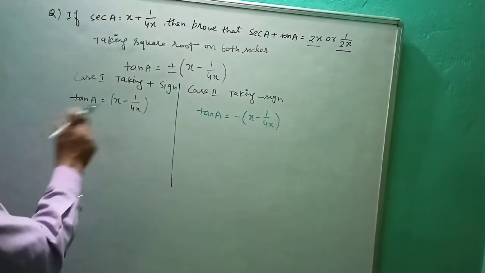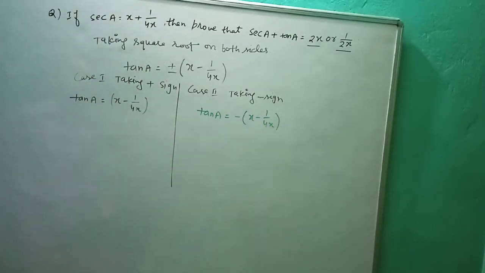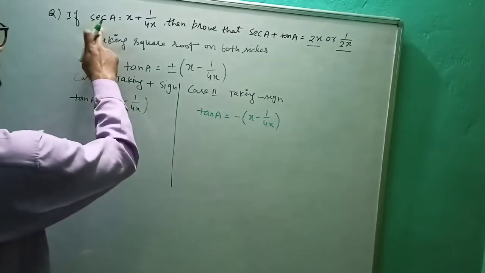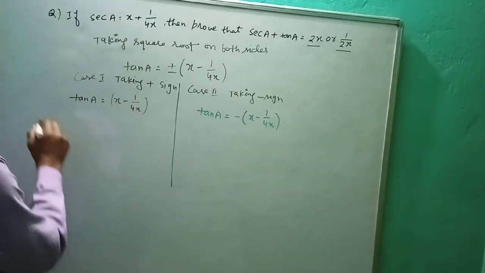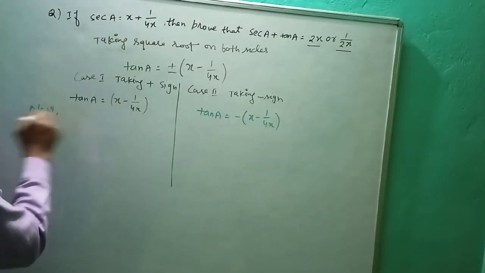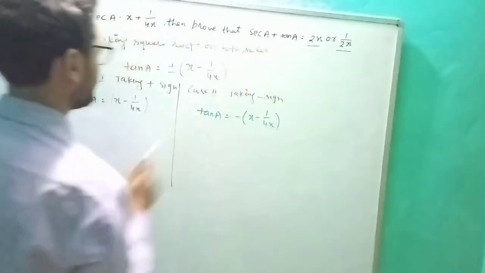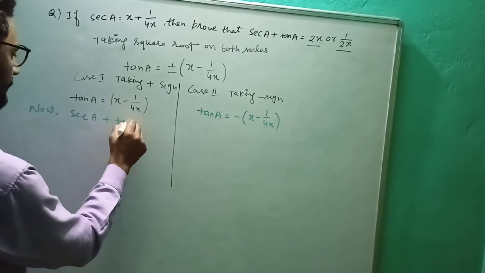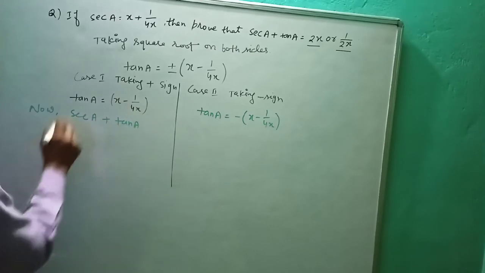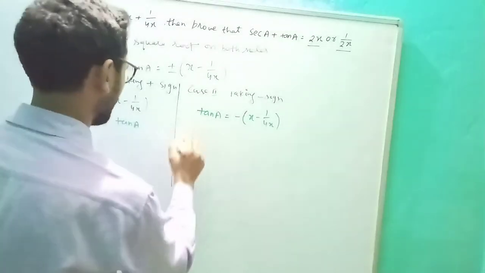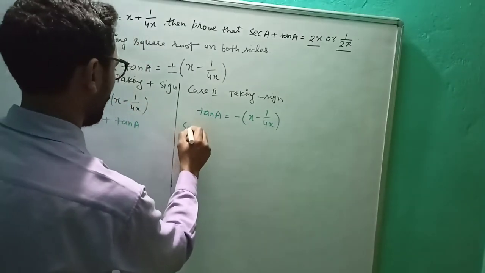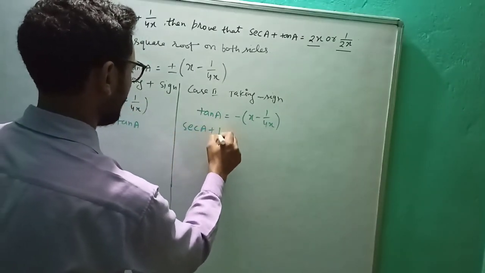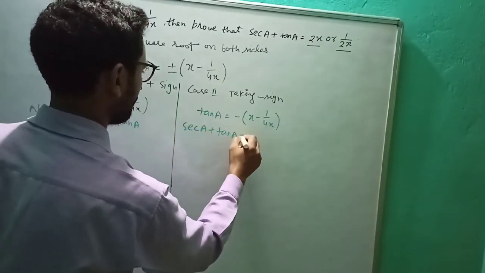So now we have two possibilities. We already know the value of sec a is x plus 1 upon 4x. Now we need to find sec a plus 10a. Similarly, we will find the value of sec a plus 10a in the second case.